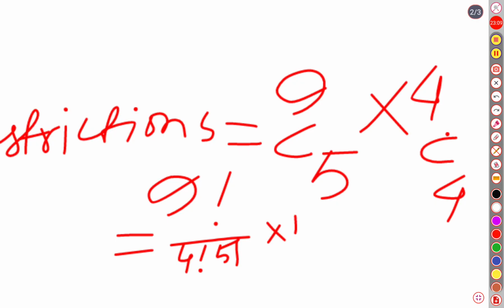So it is simply 9 factorial divided by 4 factorial and 5 factorial, which is going to be 126. So 126 ways randomly we can form the groups of people.